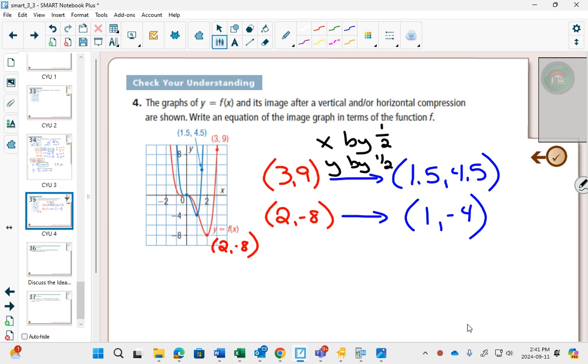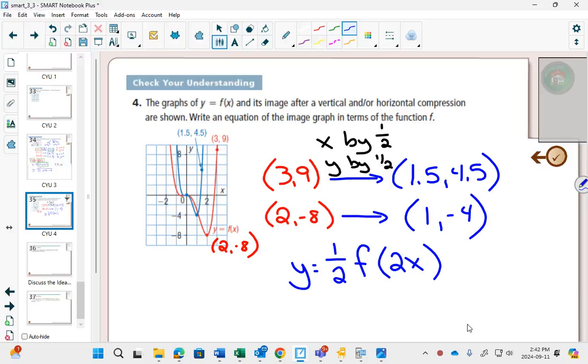Then when we want to write the equation for the blue one, y's aren't liars. They happen outside, so that 1/2 happens outside. The x's are liars, so inside, we're not going to write 1/2. What are we going to write instead? A 2. So this is the equation of the blue graph in terms of f.